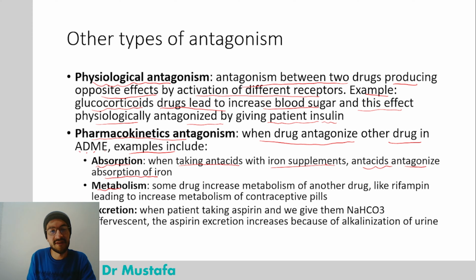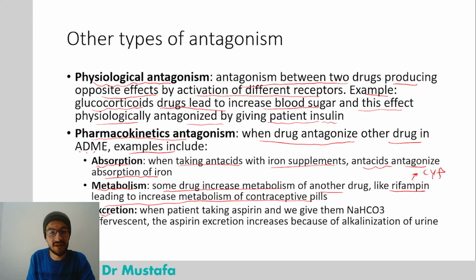As an example for the metabolism process, some drugs increase the metabolism of another drug, like rifampin, leading to increased metabolism of the contraceptive pills, by rifampin affecting the CYP enzyme. So it would increase the CYP enzyme activity, and this would increase the metabolism of the contraceptive pills.